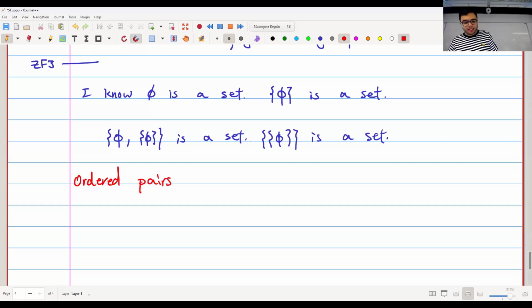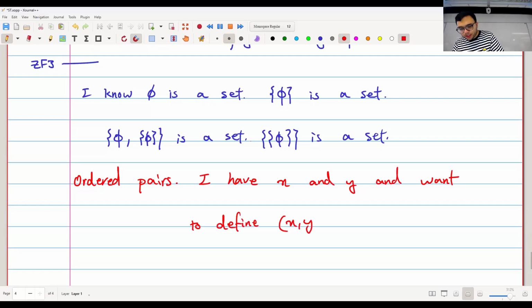So basically, the problem is that I have two sets, x and y, and I want to define what it means when I write the pair x, y. I want to give a definition to this. Okay. I'm not going to add a new axiom for ordered pairs. I already have an axiom for unordered pairs.